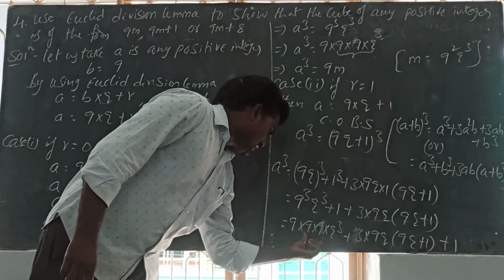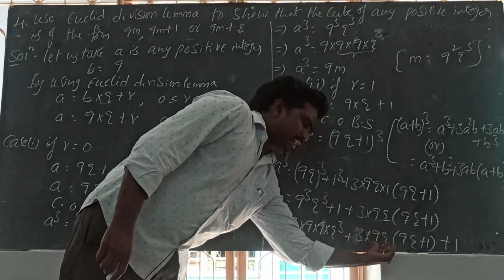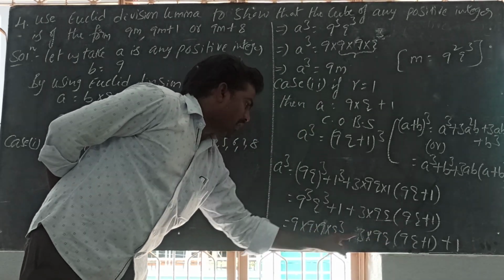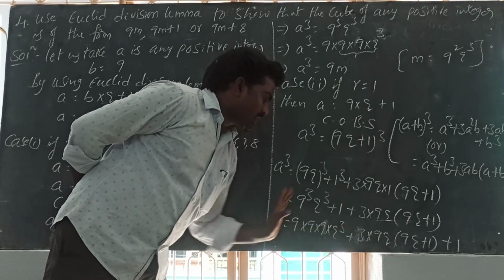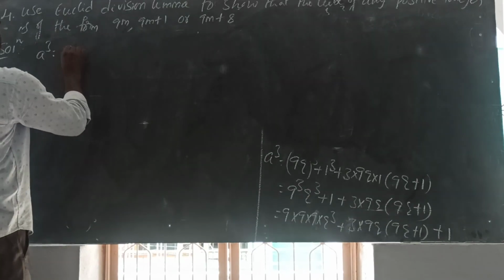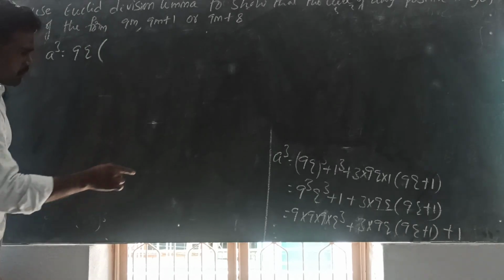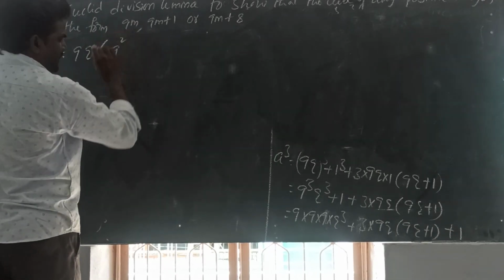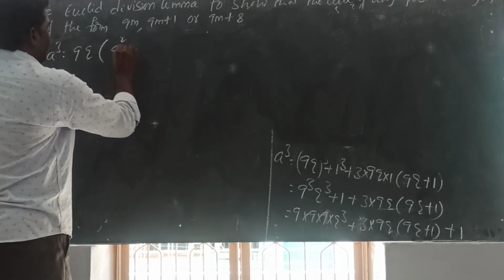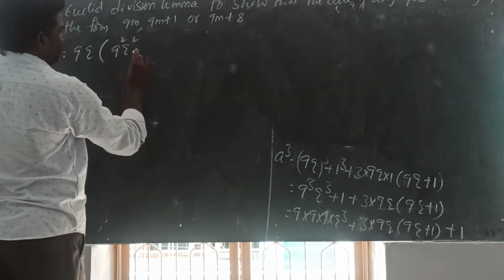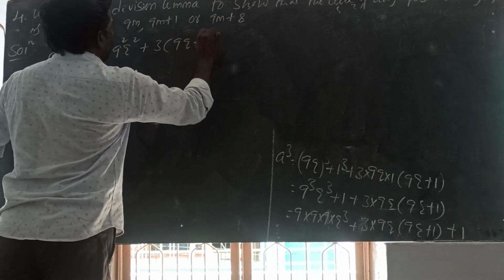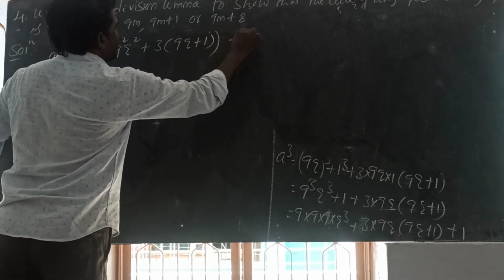In this, it is one term. In these two terms, what is common? 9q. We take it outside. What remains now? 9 square q square plus 3 of (9q plus 1), plus 1.